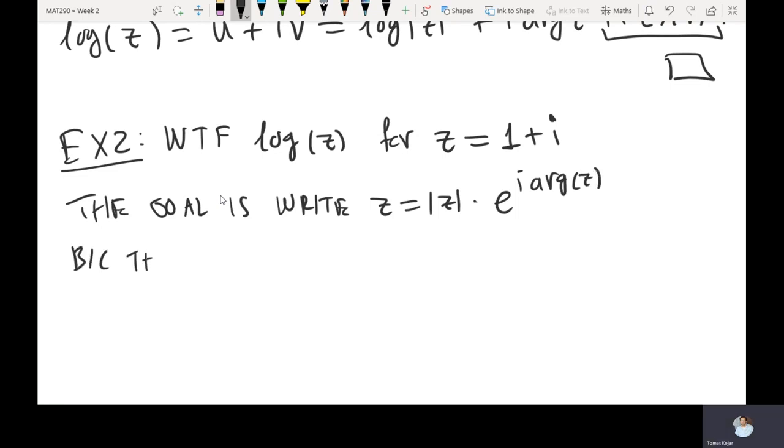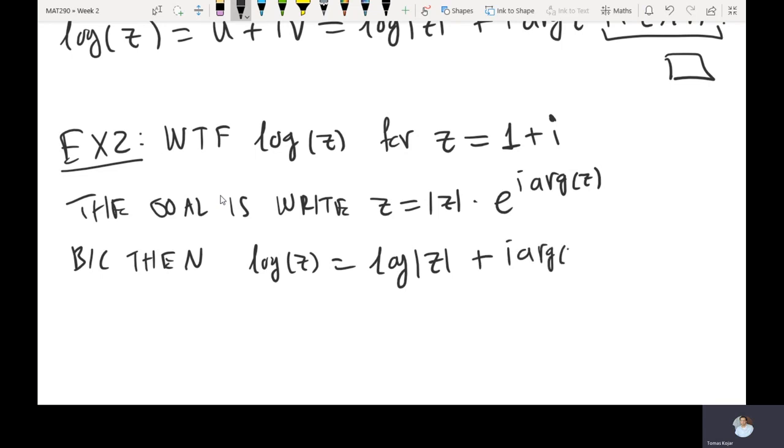Because then log of z is equal to log of the modulus plus i argument of z plus i 2 pi n, where n is any integer.